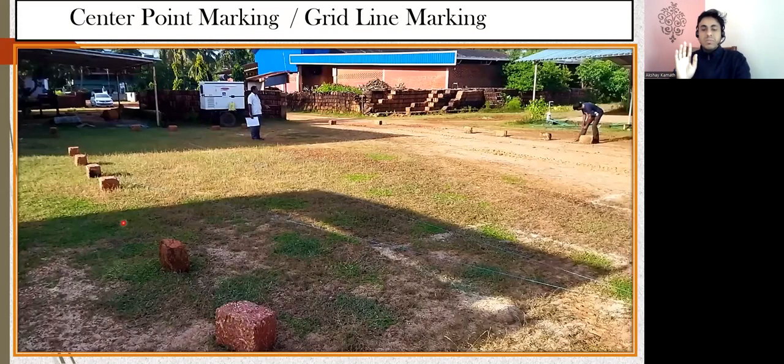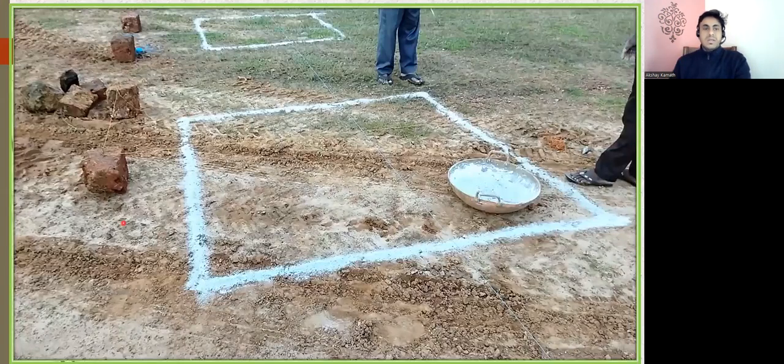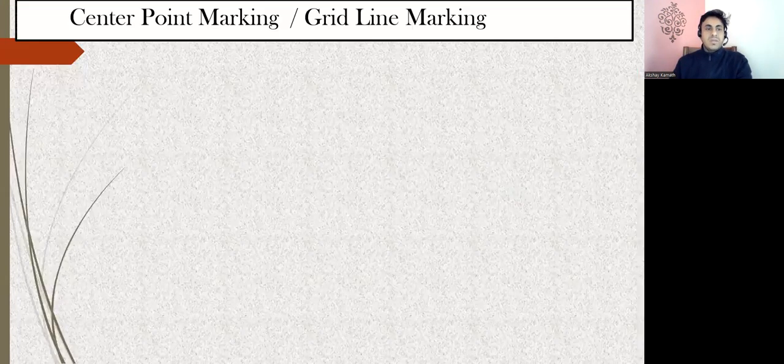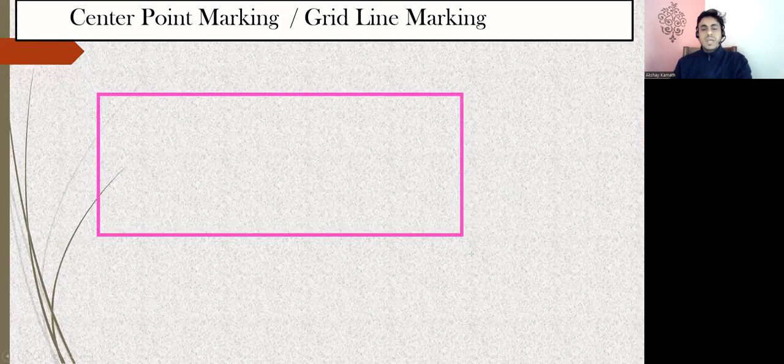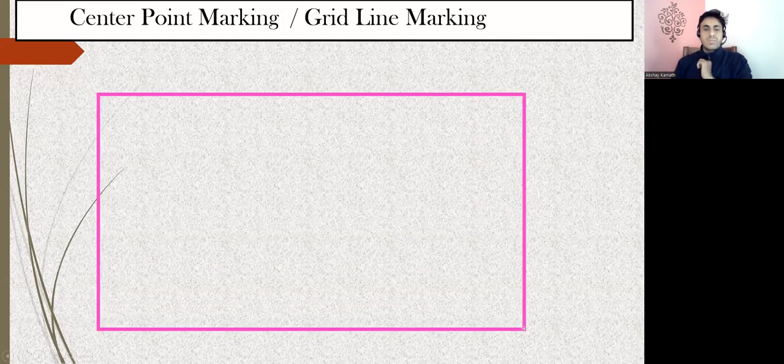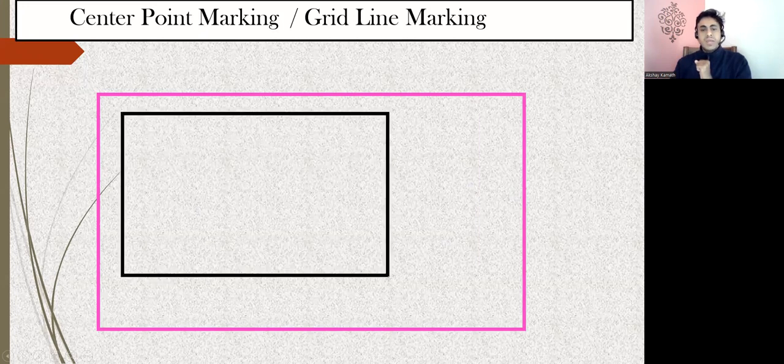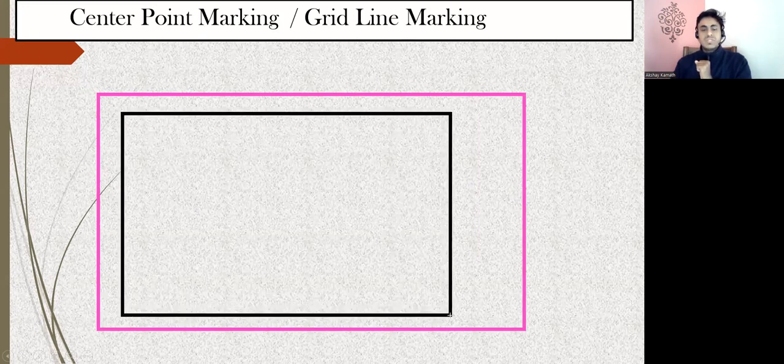Now to put it in a better way, see, for example, let us say this is a construction site I have. Okay, so this is a big plot I have. The entire plot is mine, but I want to construct a house, or let us say a building, somewhere in the middle part, somewhere here. Let me make use of only this much part, and only in this much part I'm supposed to do the construction, right?